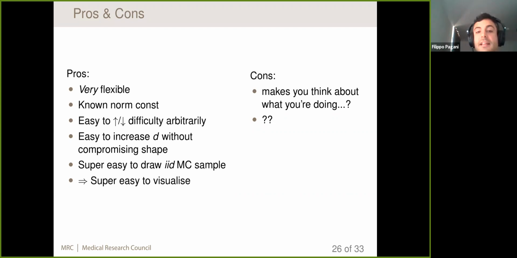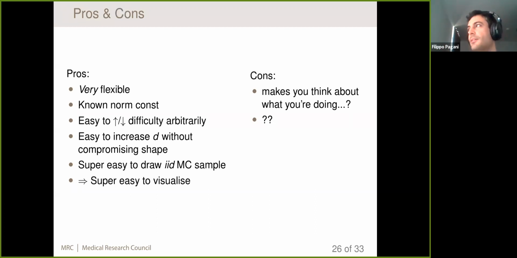And one good thing is that if you increase the dimension of the state space, this model doesn't really break because we know exactly what it looks like, which is something that often happens, like I mentioned, with other models. You maintain the features because of which you chose this model.